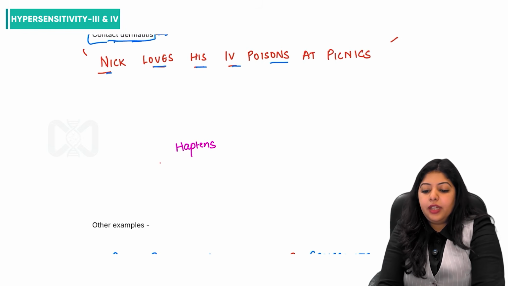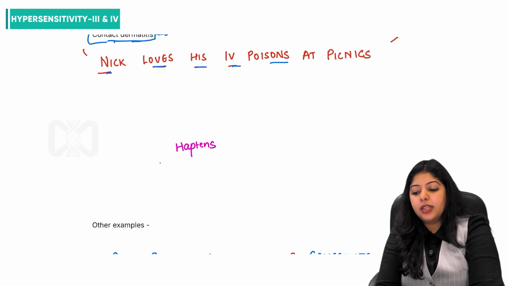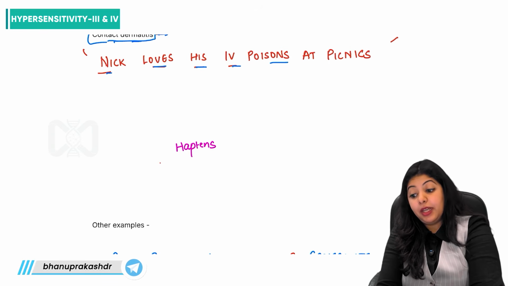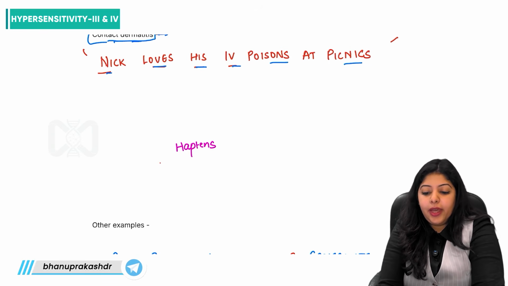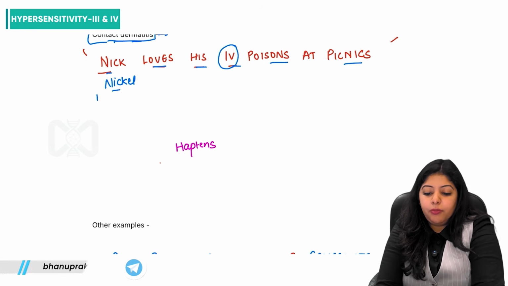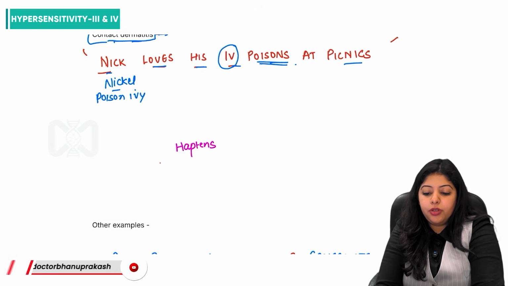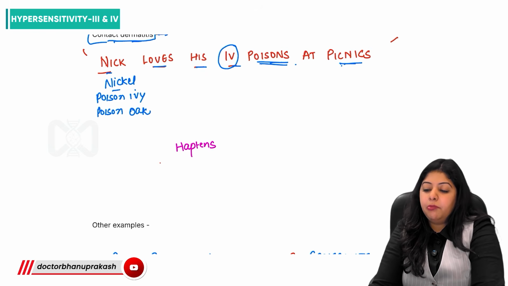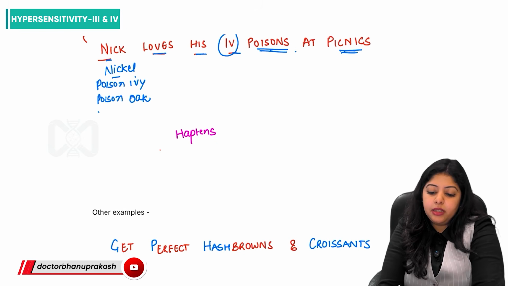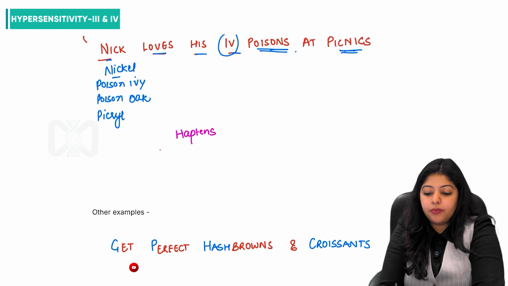We have a mnemonic: Nick loves his IV poisons at picnics, right? So N stands for nickel, IV stands for poison ivy, poison stands for poison oak, and picnic stands for picryl chloride.